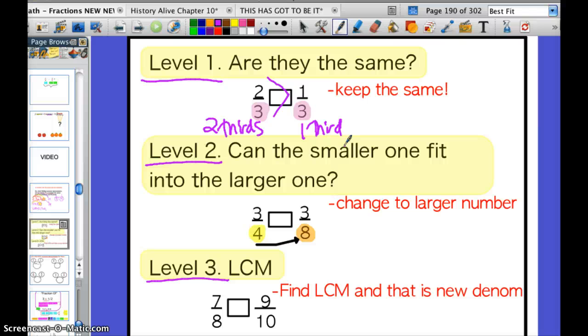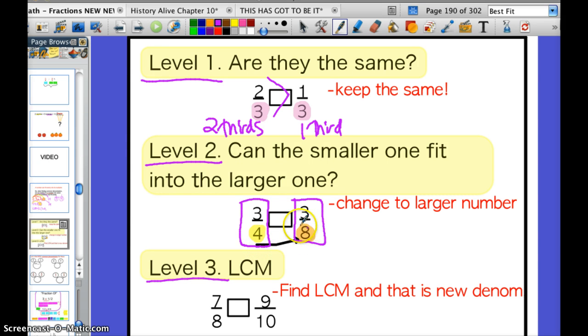Level 2 is when we see, let's take a look at these two fractions. Let's say we are asked to either compare or add, whatever, 3/4 and 3/8. Right away, you should see that these are not level 1 fractions because these denominators are not the same. These denominators are different, okay? But you should also notice that the smaller denominator, 4, can fit into the larger denominator.